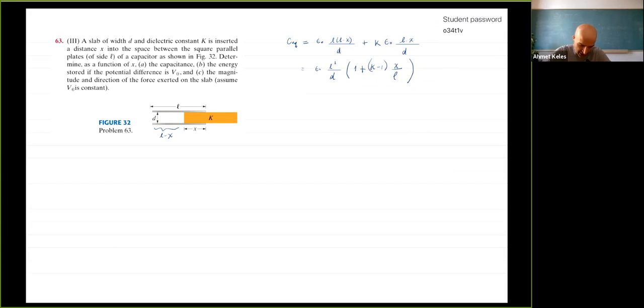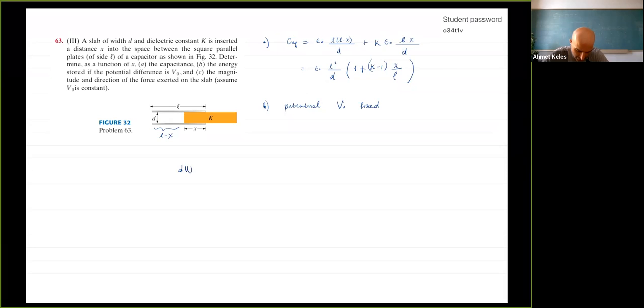I need to find energy. So A and B. And for energy, what kind of energy? It's a fixed potential difference, right? Potential V naught is fixed. So which equation can I use? If we forget the energy, how do we derive it?